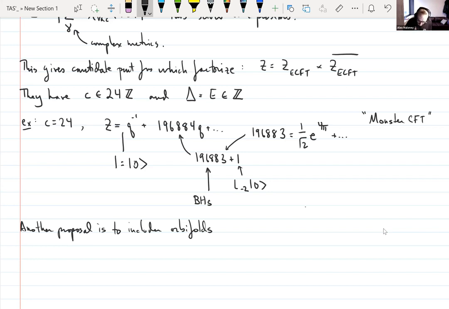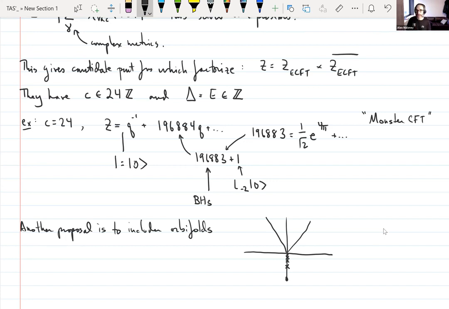I don't think I will have time to discuss it, but there is a very interesting calculation you can do, where if you study the partition function of 3D gravity, and you allow yourself precisely Zn orbifolds, then these will be extra states that live right here.